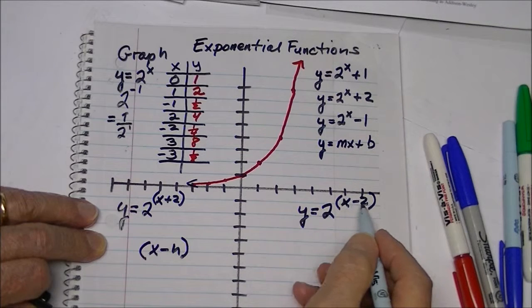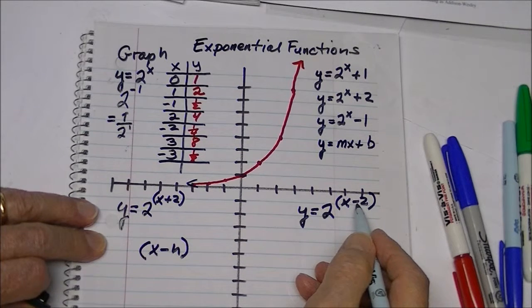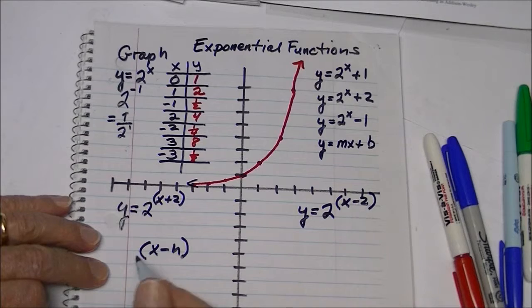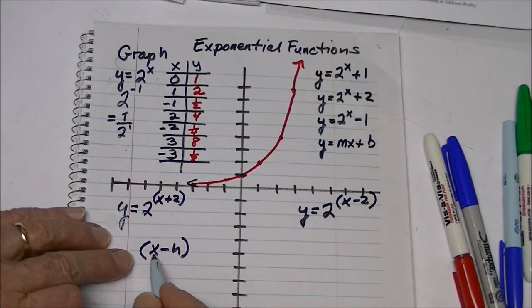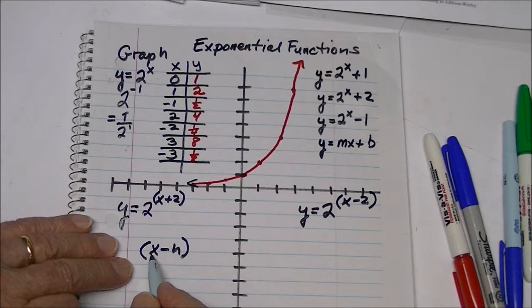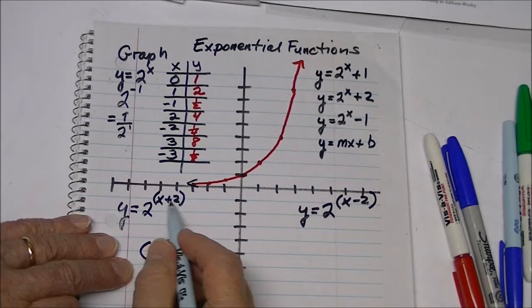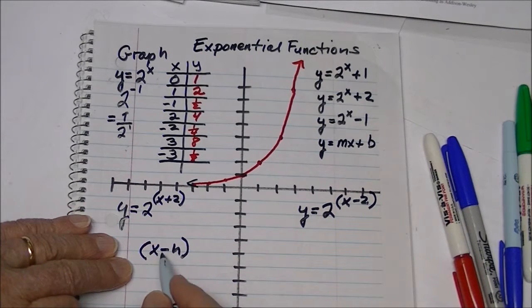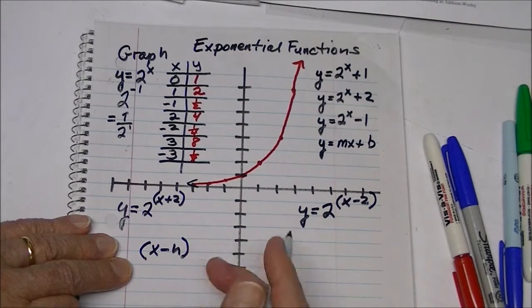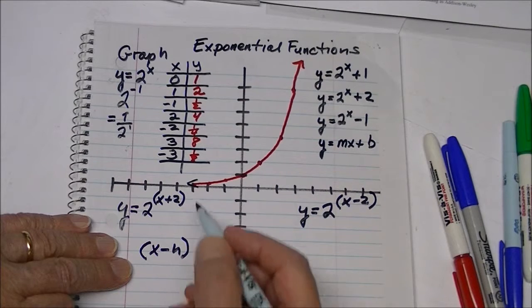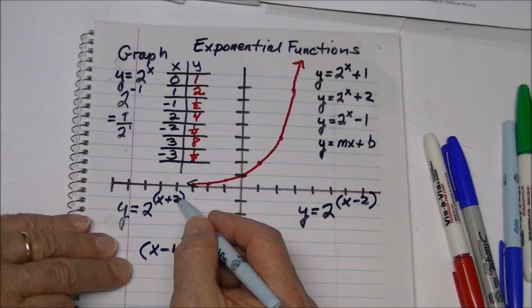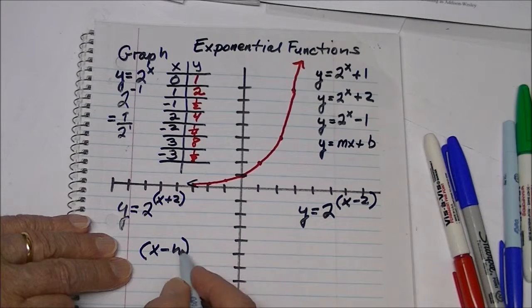Or a -2, like we see here. And we have to keep in background that this is often used to describe the relationship of x here as a point in graphing. So we have x minus h. So this 2 is your original h here.